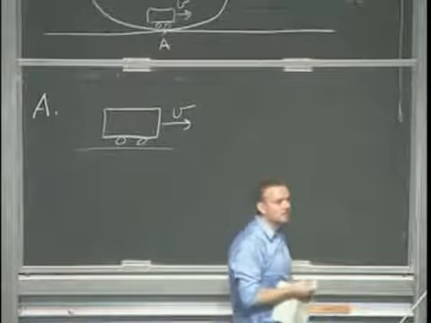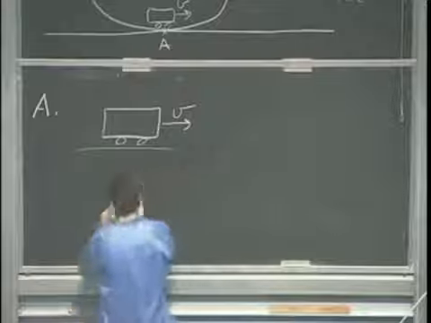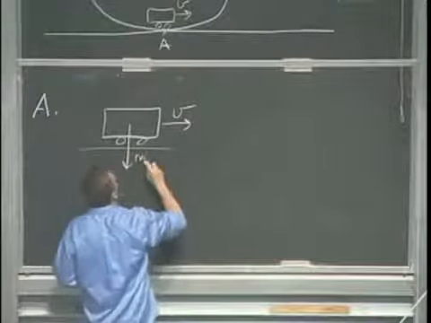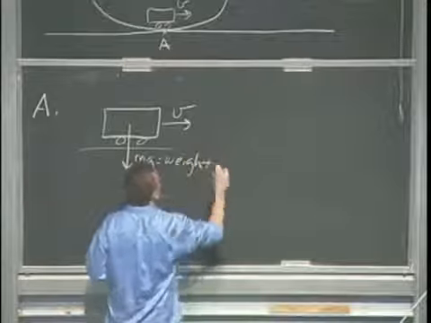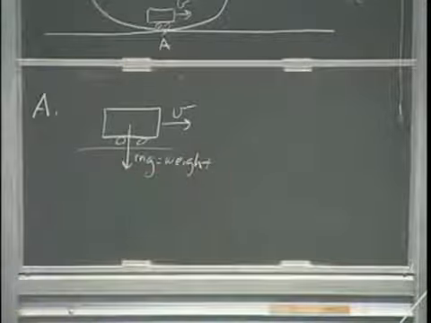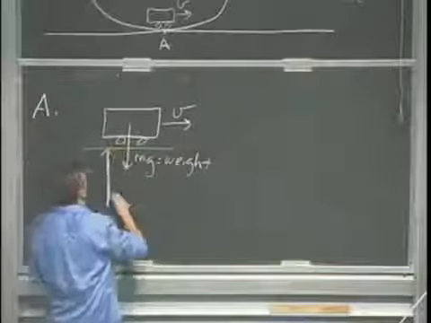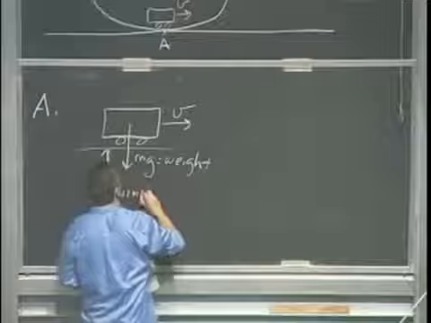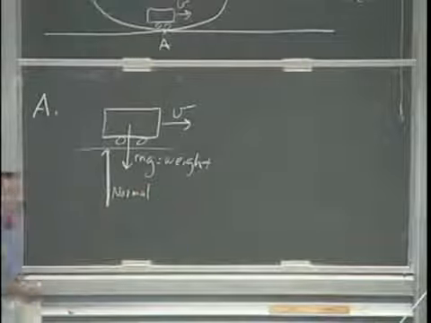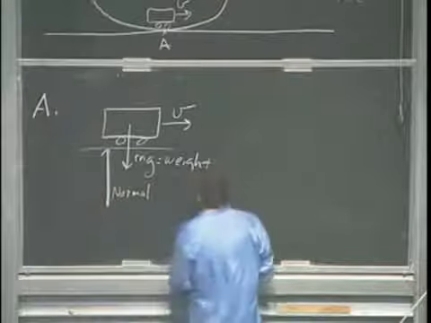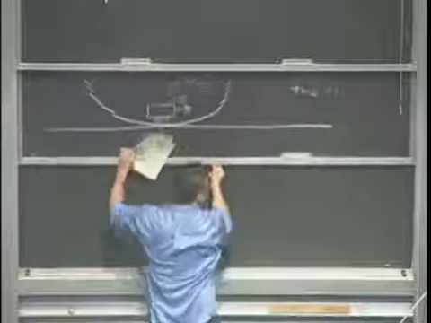It has two forces acting on it. It's got its weight acting downwards, and it's got the normal force of the track holding it up, so it's directed in the upwards direction. But now, I didn't draw that on that. Let's draw that up there so it's clear where the accelerations are for each point.